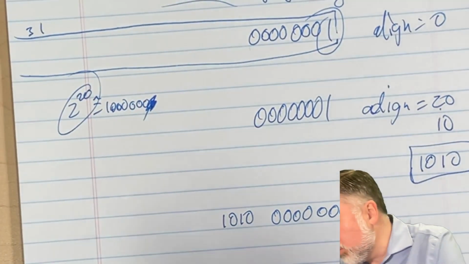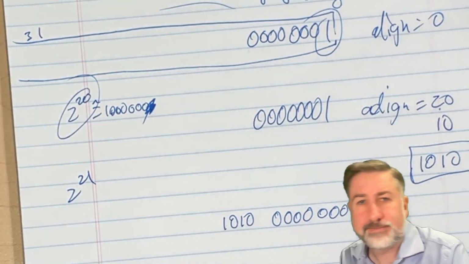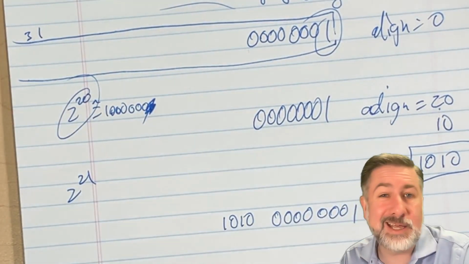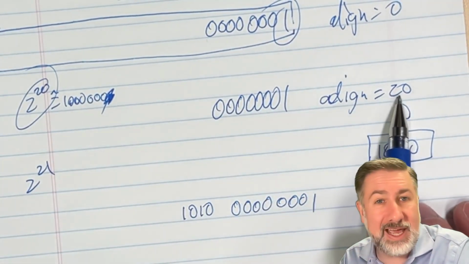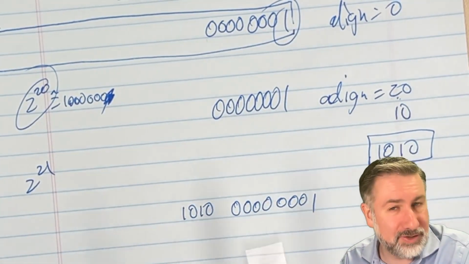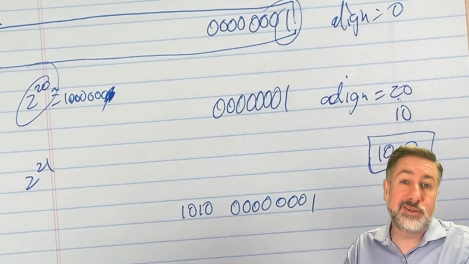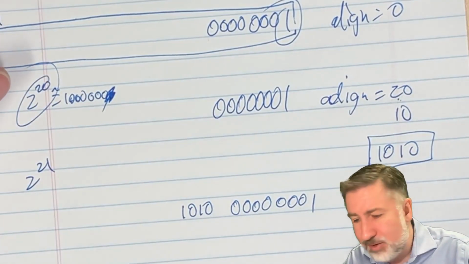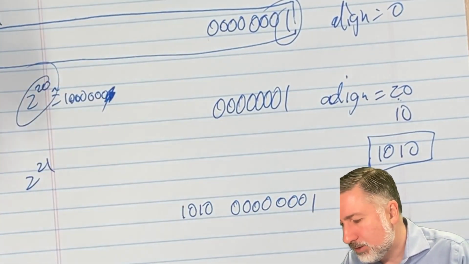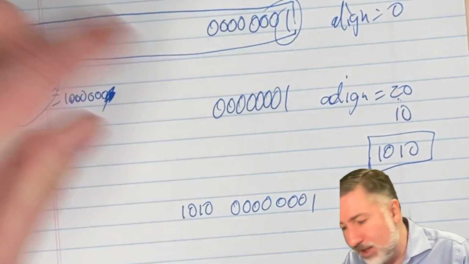So now what if we wanted to encode 2 to the 21? Well, we could take that same 1 and we could try to move it by 21, but we can't because our alignment has to be even because we're storing half the value of the alignment in that 4 bits. So instead, what we say is we're going to take 2 to the 20 and move it like this.